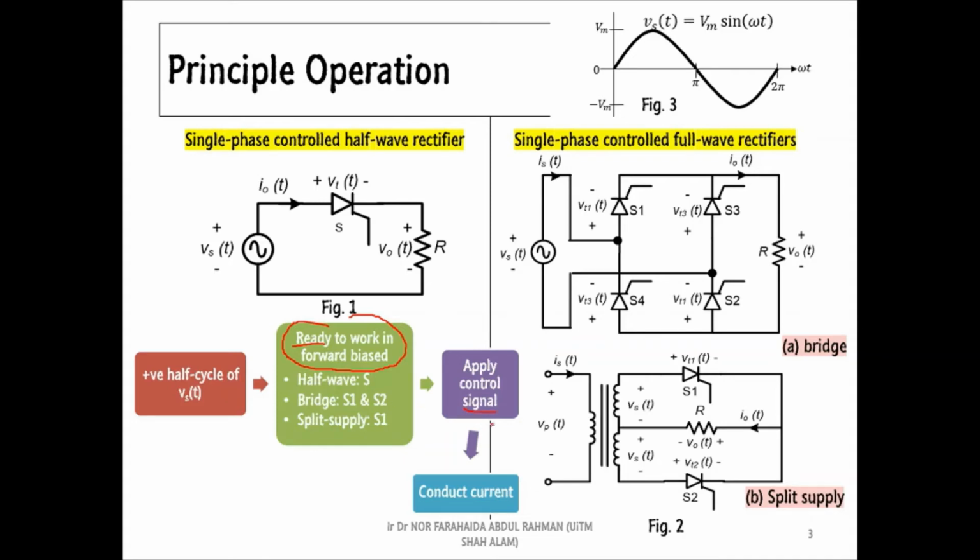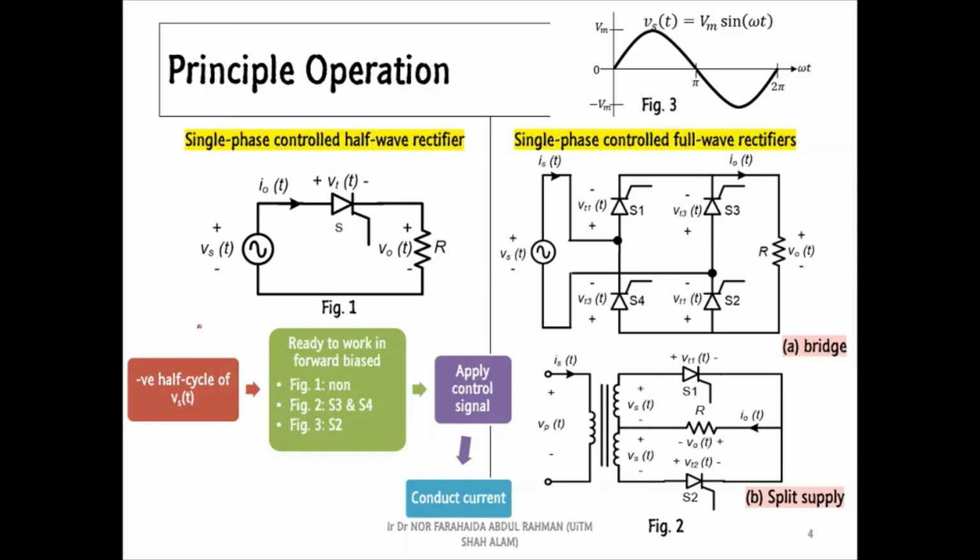Once the control signal is applied to the gate terminals, the thyristors are turned on and conduct the current. In conclusion, the thyristors must meet two requirements before they can turn on. First, the polarity of the anode terminals must be positive. And second, the control signal is applied to the gate terminals.